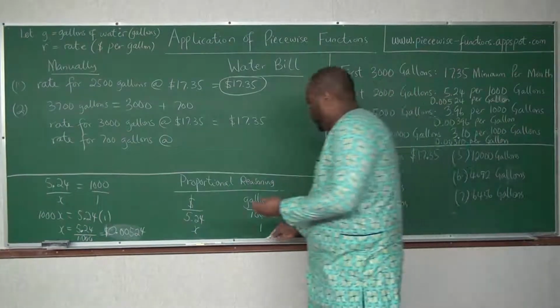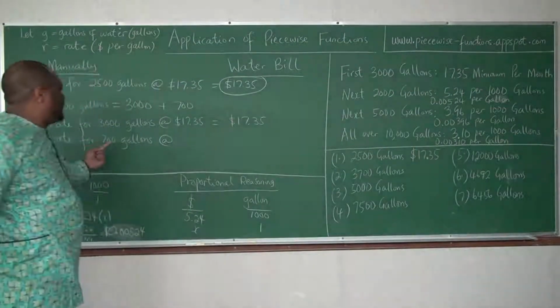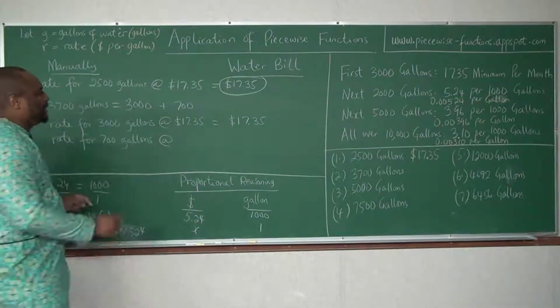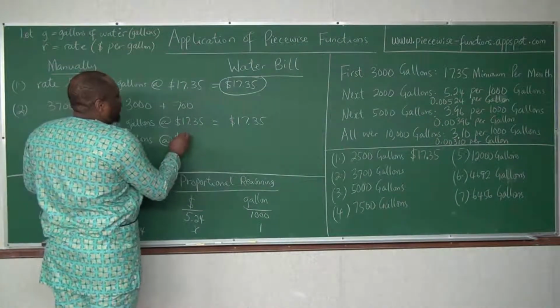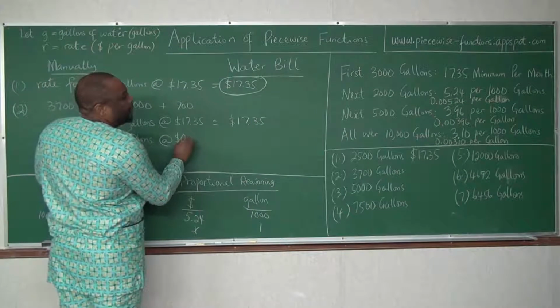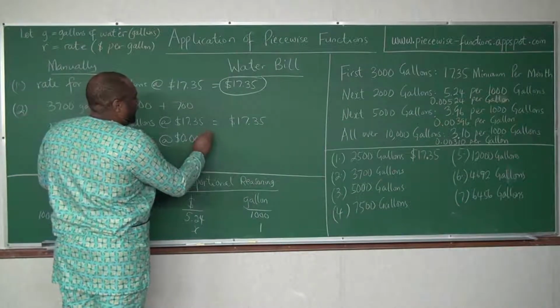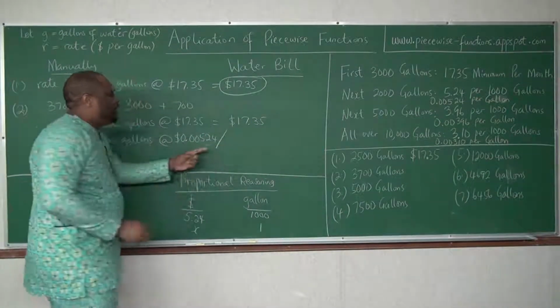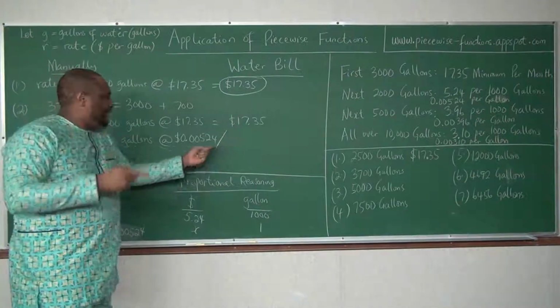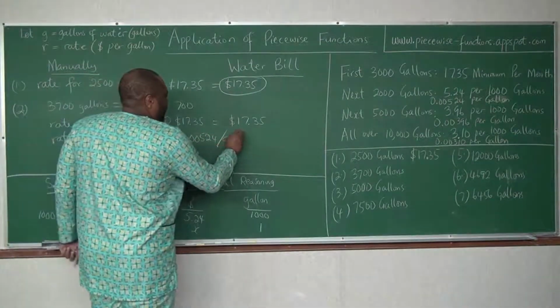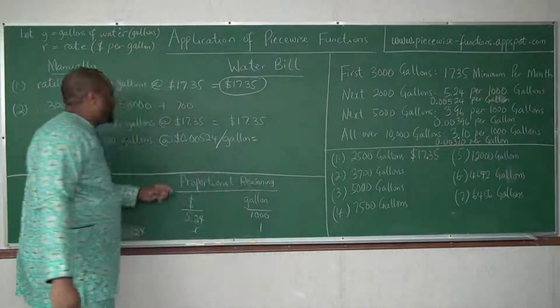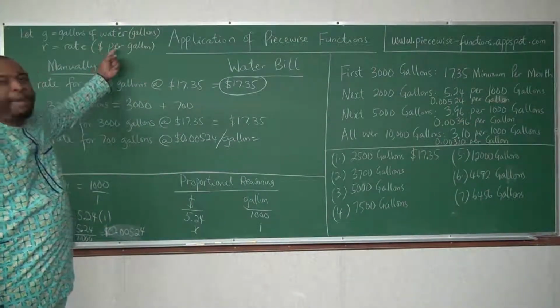So now we come here. The rate for 700 gallons at 0.00524 per gallon. You can also do per gallon like this. I mean, you mustn't always write it per.